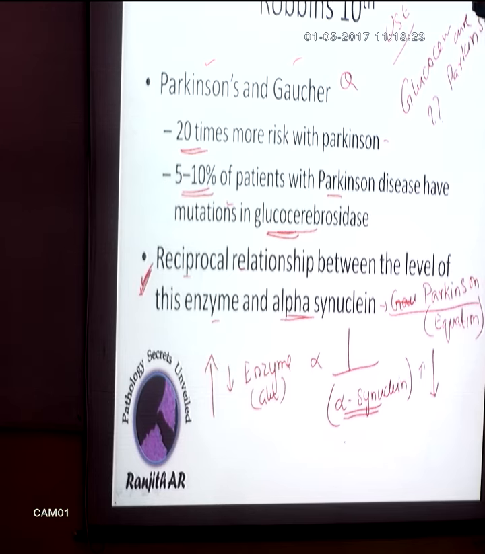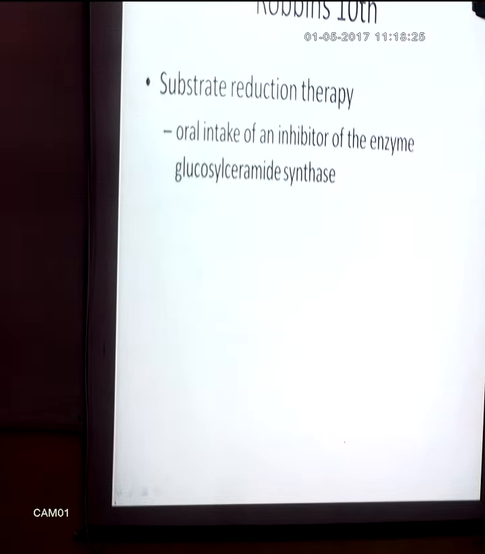Come on. The next update in Gaucher's is substrate reduction therapy. A, glucocerebrosidase, B. This is the equation. What's the treatment for Gaucher's now? That's also an MCQ. Enzyme replacement therapy. Right. We replace glucocerebrosidase. So this is okay.